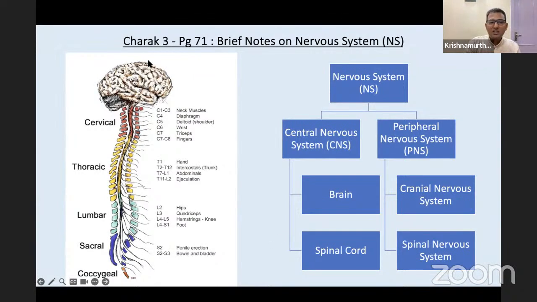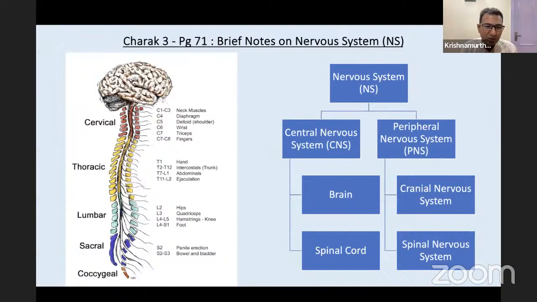Basically this is the structure of the brain, and from there wires are coming. The main wire comes, and from there is branching of the sub wires.